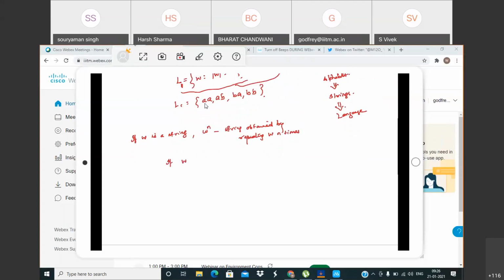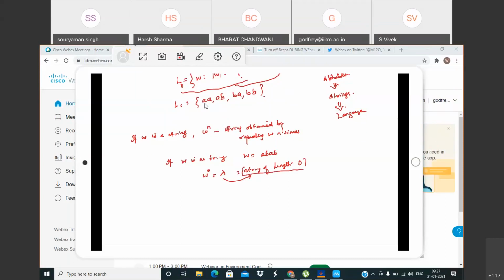If W is a string, say for instance W equal to AB, what is then W power 0? W power 0 is going to be lambda, so you get a string of length 0. Lambda always means a string of length 0.